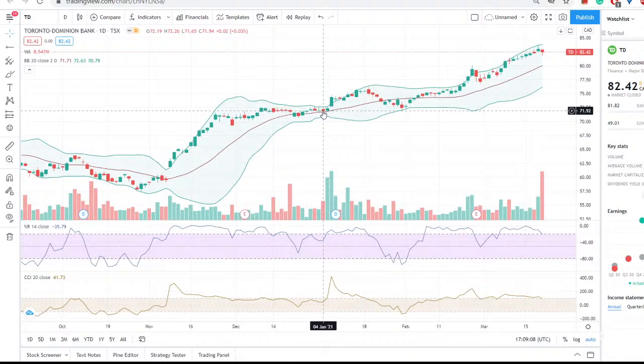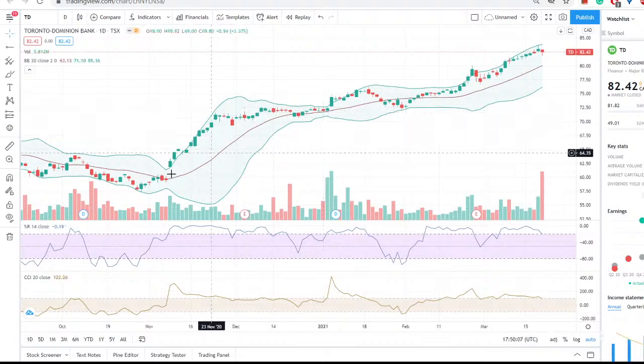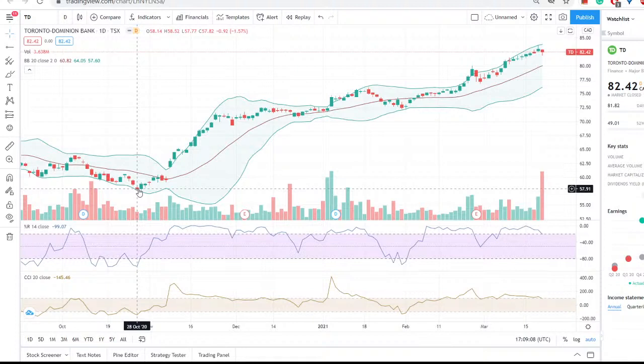TD was much earlier. TD was on the 28th of October. I entered at 58, exact 58, which would be here, and came out at 71.50. You got a very good entry, sir. But this was discussed on the platform.